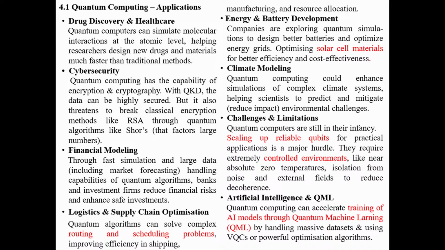Similarly, climate modeling to alert about environmental disturbances like cyclones, etc. You have to do a lot of modeling, and sometimes the last 100 years of data you have to feed to the computer, which is not possible.